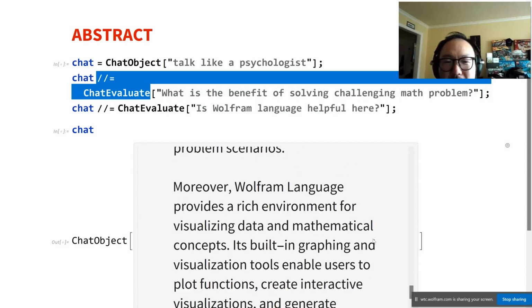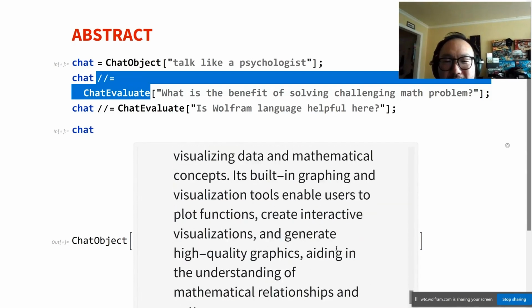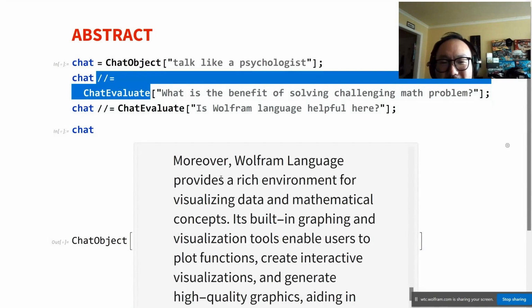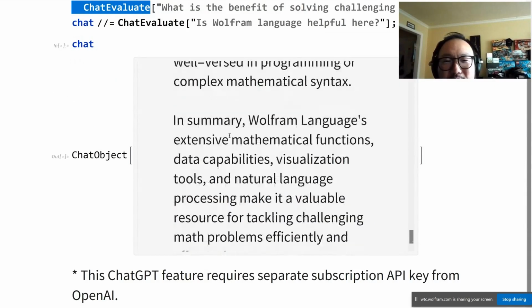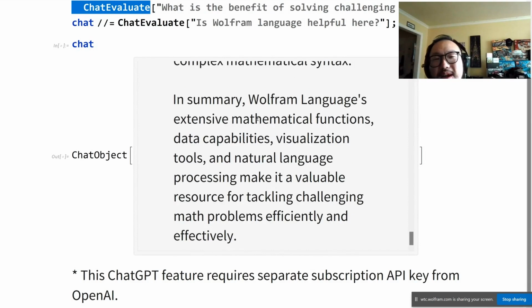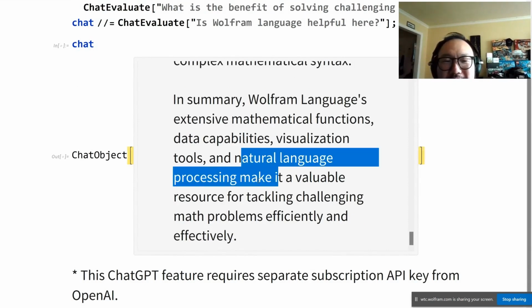And you can scroll down to see a lot of the thoughts ChatGPT has on how to use this language to help you solve the problems. It tends to write a lot, but in summary, it's strong data capabilities, visualization tools, and natural language processing. Yeah, it's Wolfram Alpha plus LLM right now.